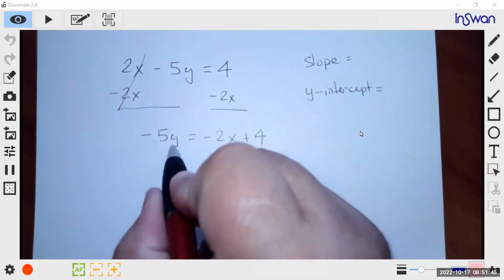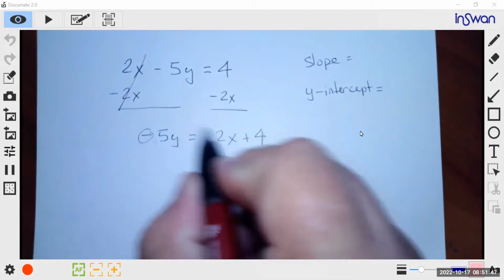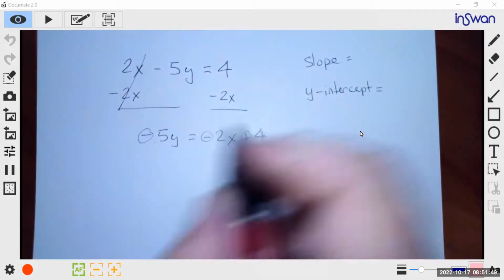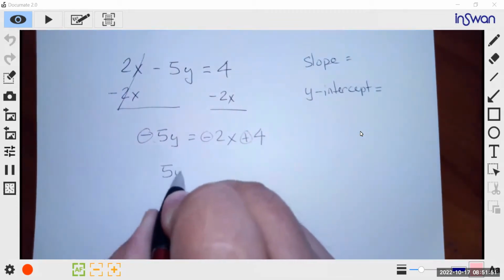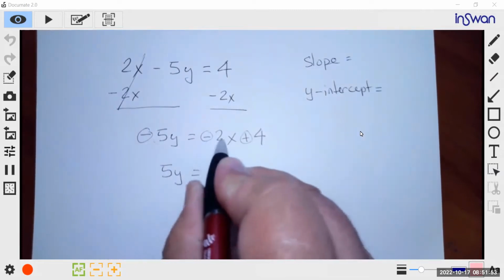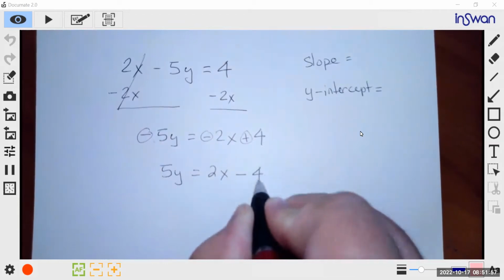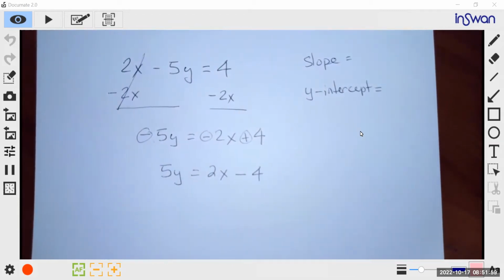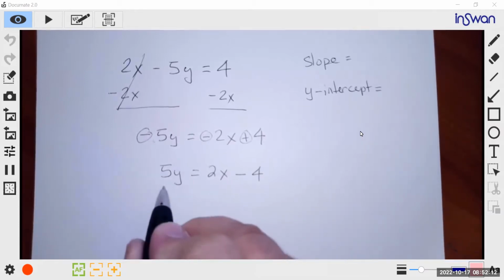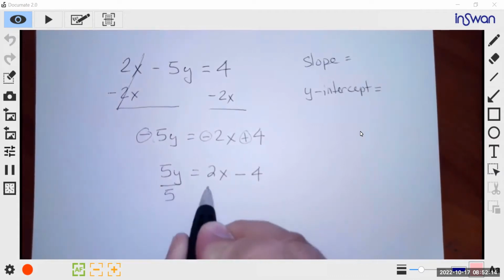Since there's a negative in front of the y, change all the signs. So negative 2x becomes positive 2x. Positive 4 becomes negative 4. You can go ahead and divide by negative if you want to, but chances are you'll make more mistakes that way. Change the signs first, and then next step is to get y by itself, we divide each term by 5.